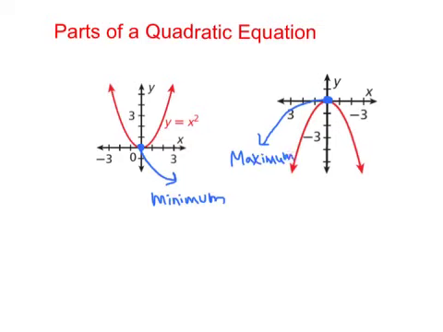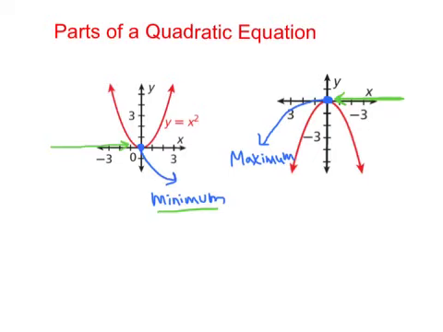If we look at these two graphs, does this graph go anywhere below this point? No. That's why we call it a minimum. It doesn't go below this y value. We call this one a maximum because the points don't go any higher than this one.